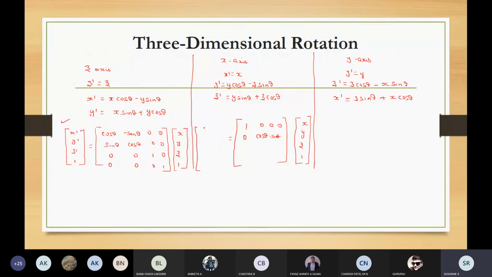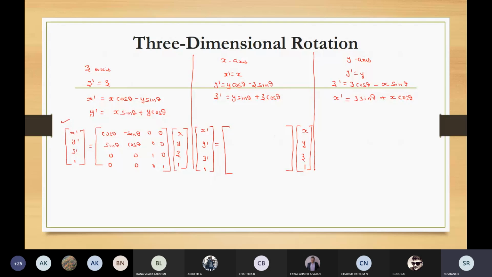So x dash, y dash, z dash, 1 is equal to, see, what I'm writing is the matrix representation of this formula, x, y, z, 1.